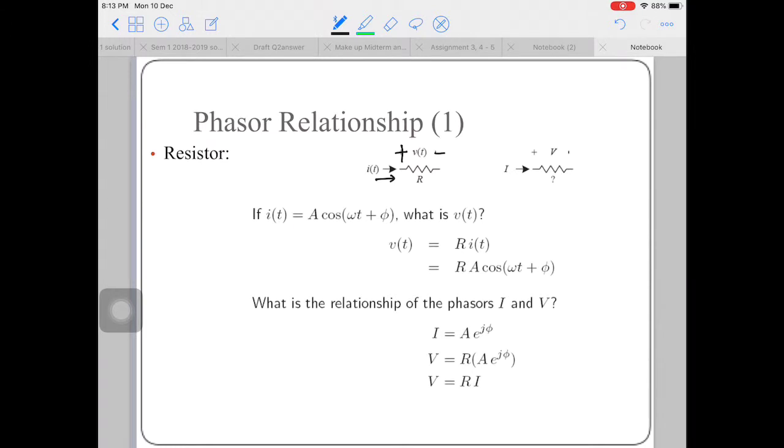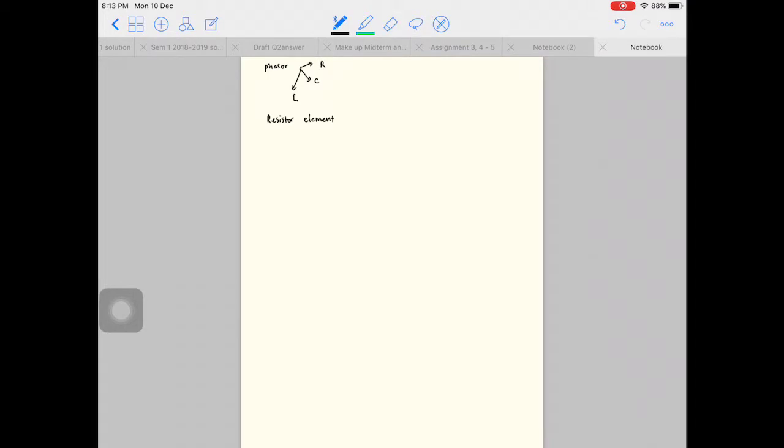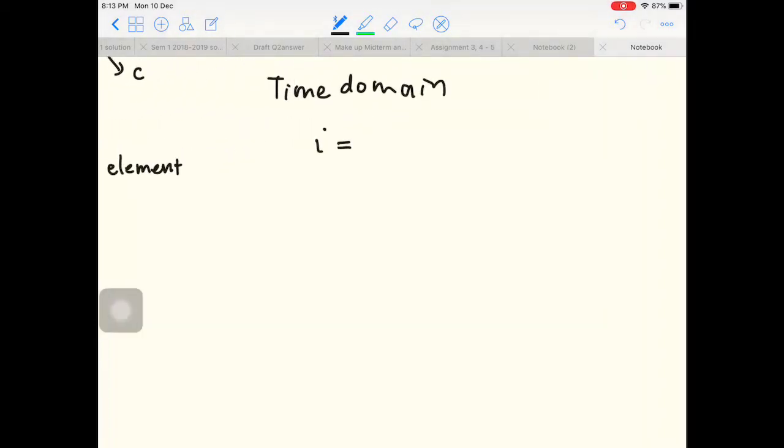Okay. And then if you want to relate this with phasor, we know that in time domain we have a current. If we write it down in time domain, current is equal to some magnitude Im cosine omega t plus theta, and this theta is theta I, the current phase, and this is in time domain.